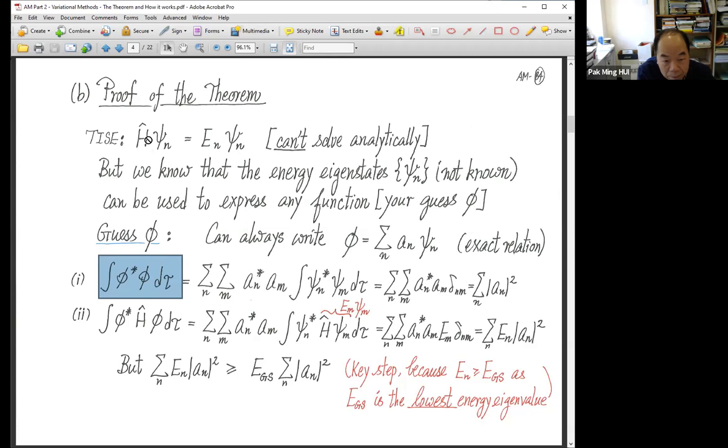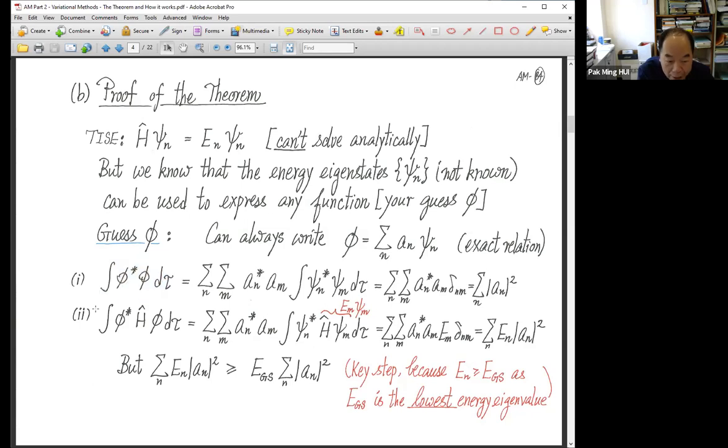Since this thing is Hermitian, this set has some nice properties. They can be made orthogonal. So this will pick up a delta mn, and thereby will kill one sum. The whole thing is sum n, an square. So that is the denominator.